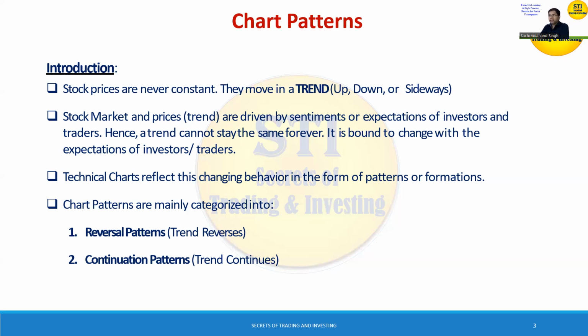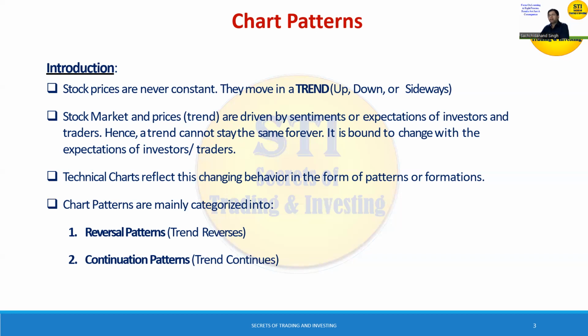And these technical charts, which reflect the changing behavior, form some patterns, and those patterns we are going to learn today. So chart patterns are mainly categorized into two broader categories. One is reversal, or we can say trend reversal.